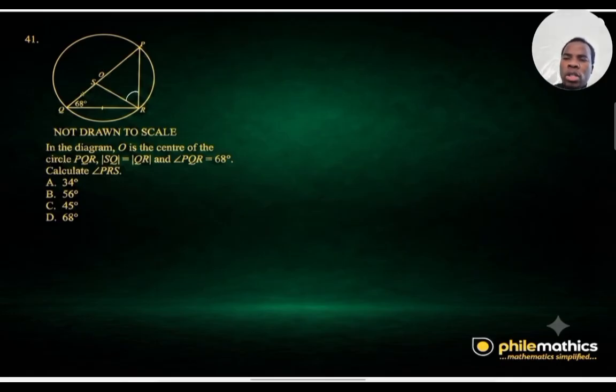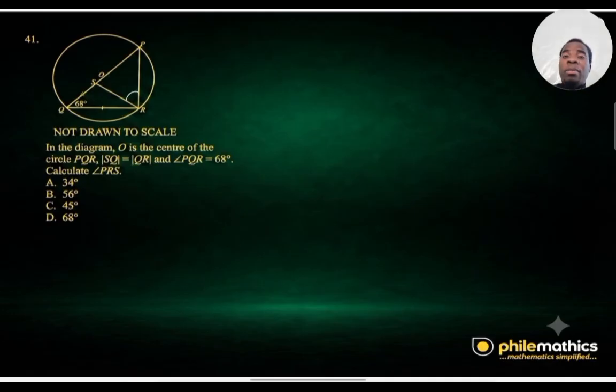When you look at this question, the theorem that comes to mind is simply angle in a semicircle. It's because this chord passes through the center, and that's how we describe angle in a semicircle.